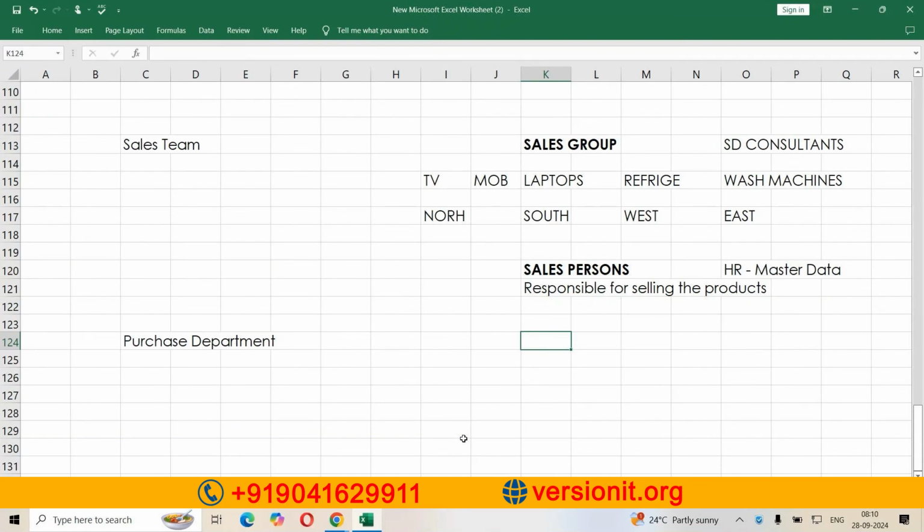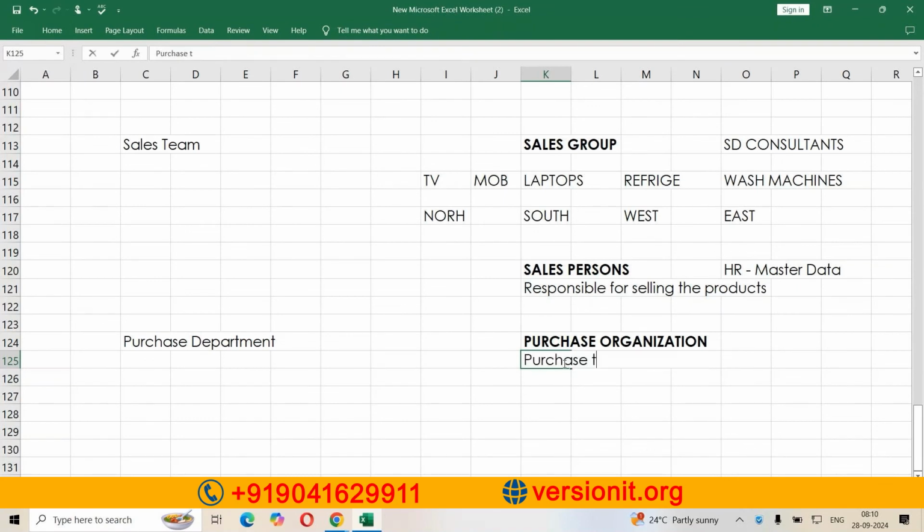And that purchase department is what we are going to call the purchase organization, or purchase org, which is responsible for purchasing the stock required for the business.